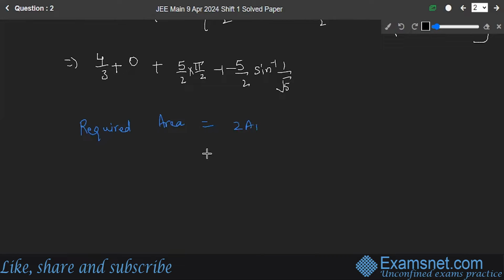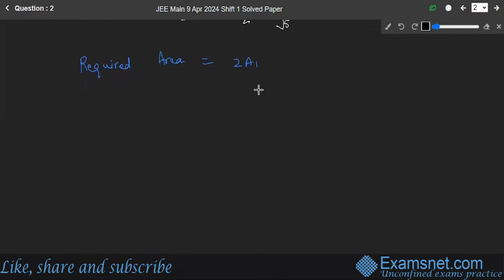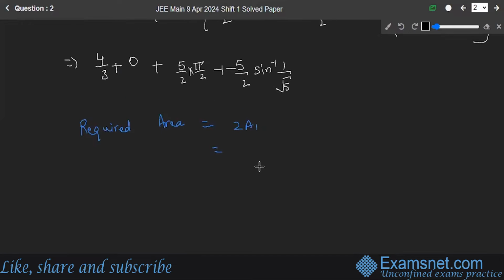So the required area will be equal to twice of A1. And twice of A1 will be equal to twice of 4 upon 3 plus 5 pi by 4, and here was minus 1 minus 5 by 2 sine inverse of this value.